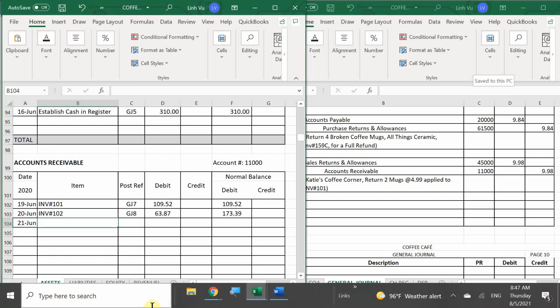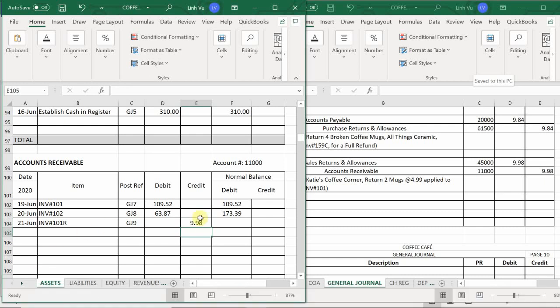And there I just put invoice 101R or refund. Okay, good. Then General Journal 9. And we're going to credit for $9.98, giving us a total grand debit total of $163.41. Good. 163.41.